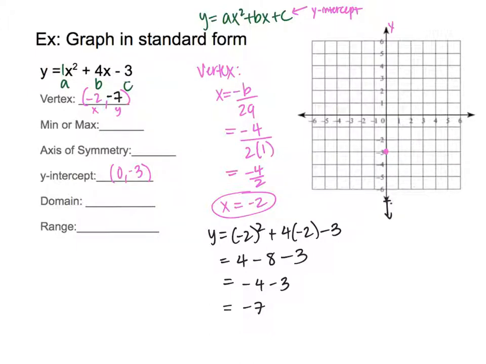So in this case here, I have a vertex at (negative 2, negative 7), which means I have to extend my coordinate system, but that's okay. So it looks like I have a vertex at negative 2, negative 7, which is about right here. So I'll put a little v here. So if this is my vertex, and I were to draw my axis of symmetry, keep in mind the axis of symmetry goes through the vertex.